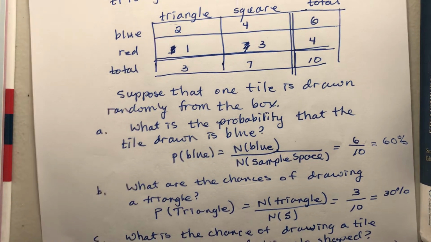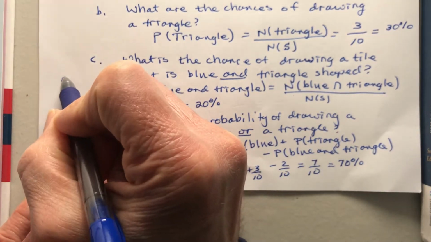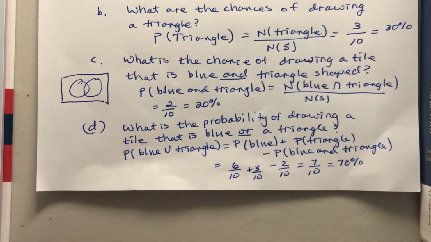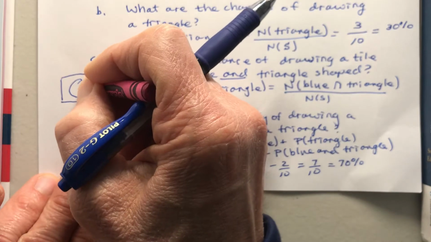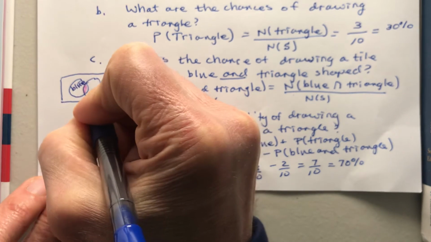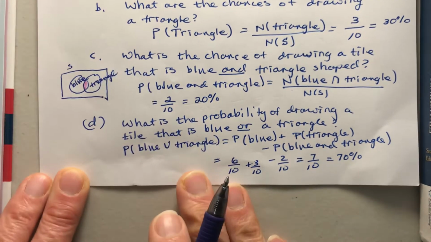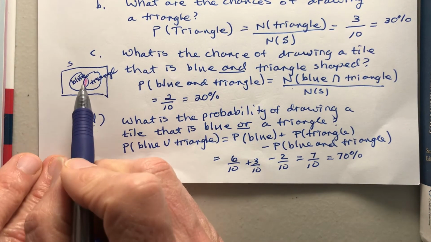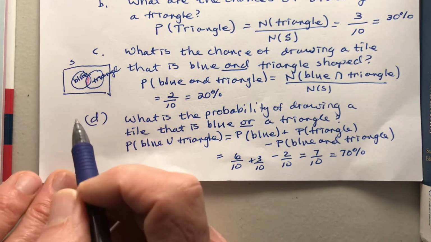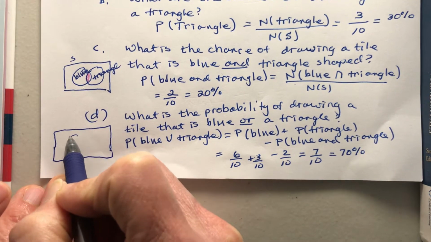But by the way, maybe I'll just draw this over here, just to sort of make this even better. Remember, the intersection is that overlap here. So if you have blue and you have triangle, the intersection is those things that are blue and triangle, while the union is drawn with a Venn diagram as shown.